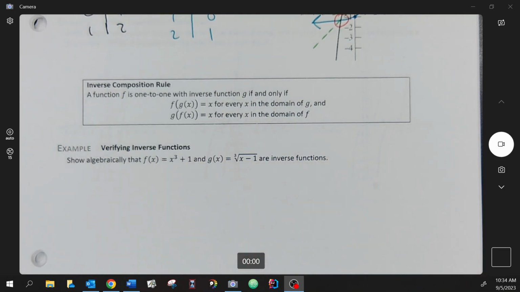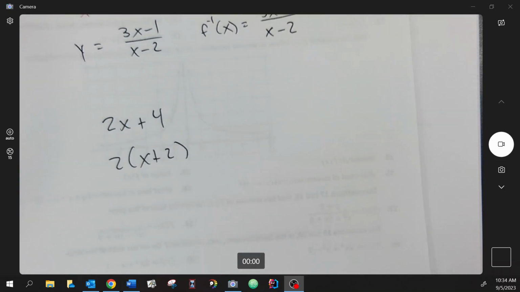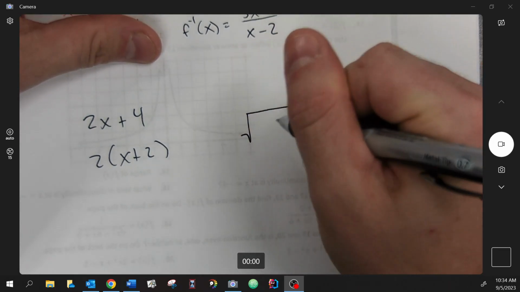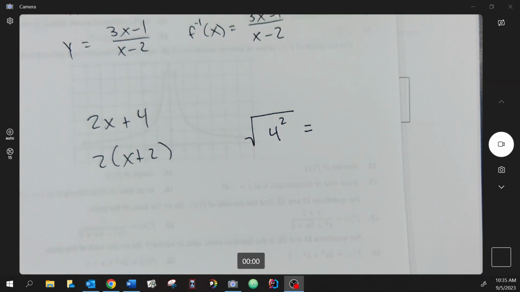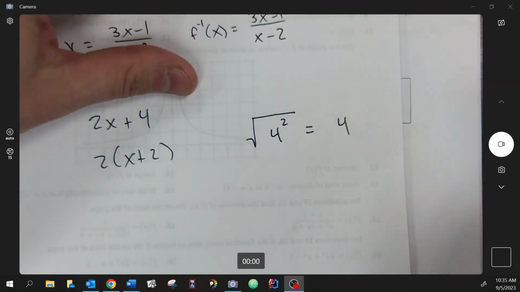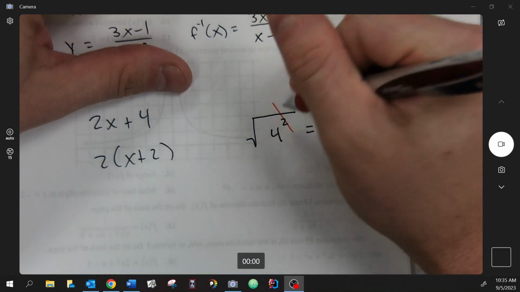I mean, everybody's cool with inverse operations canceling things, right? Like if I wrote the square root of 4 squared, what would the answer be? It'd just be 4, because the inverse operations cancel each other.